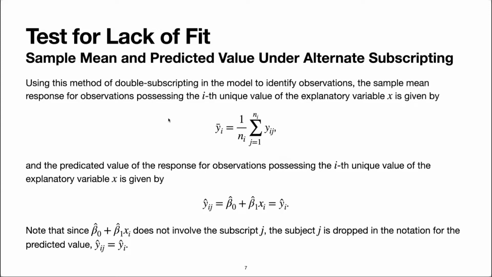So again, we have the sample mean response for observations possessing the ith unique value of the explanatory variable x. And we have notation here, y hat sub i, for the predicted value of the response for observations possessing the ith unique value of x.